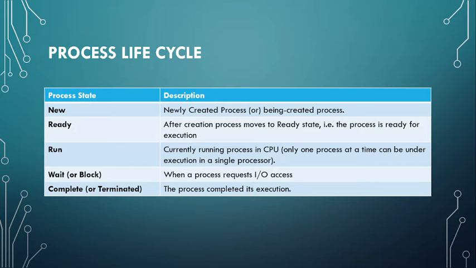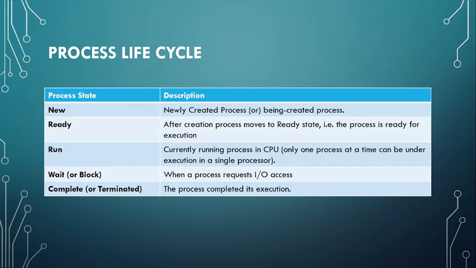And the wait or block state. When a process requests input output access, or it is suspended, or moved to a waiting queue, or when another process with higher priority comes, then the lower priority process must be swapped out.